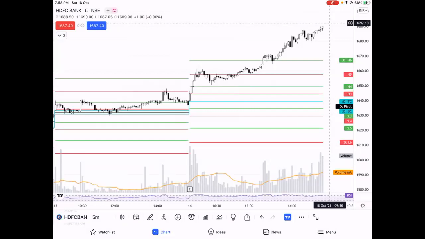If the stock takes out H6, simply, your ultimate target can be UC, unless and until it breaks that bullish momentum or shows you any signs of reversal. So ideally, that can be your target.